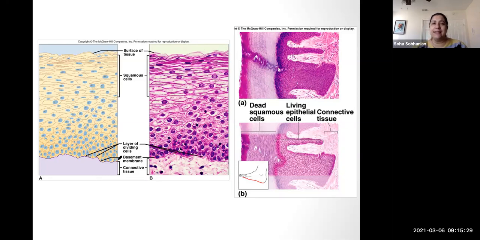Like you can clearly see that there are many layers of cells on top of each other, right? And they are squeezed, right? They're not this beautiful cube shape or elongated cell. So really common, again, as I mentioned, in terms of a stratified squamous epithelium is in your skin. So what you're touching, this layer, what you actually scrub and get rid of, the dead skin cells, what you're getting rid of is the stratified squamous epithelium tissue.